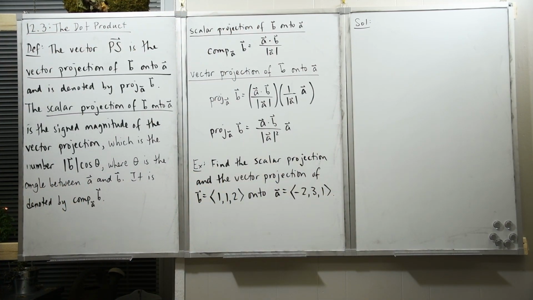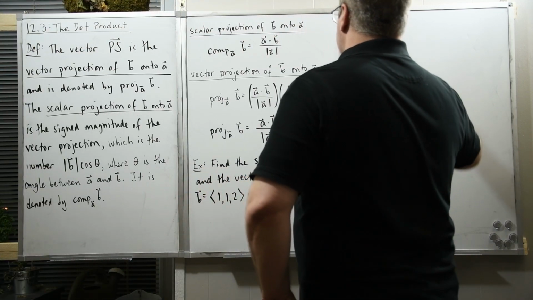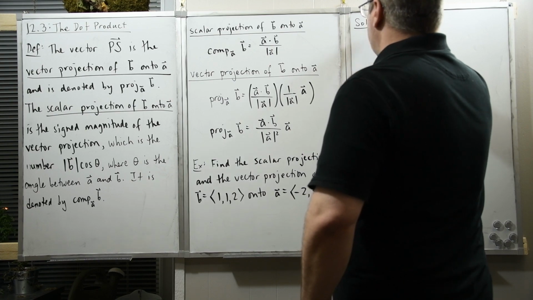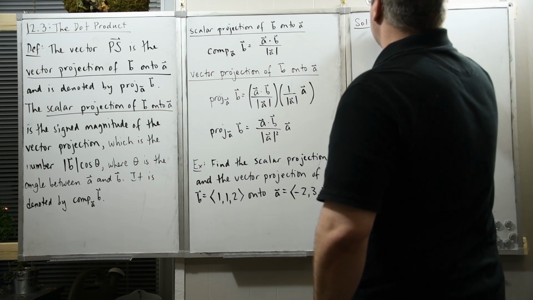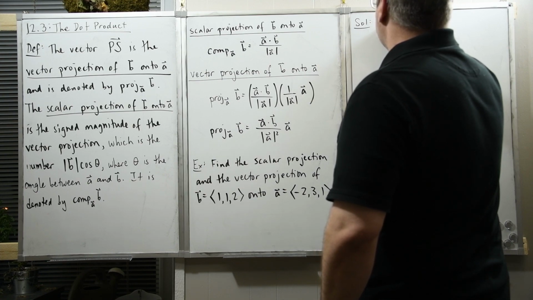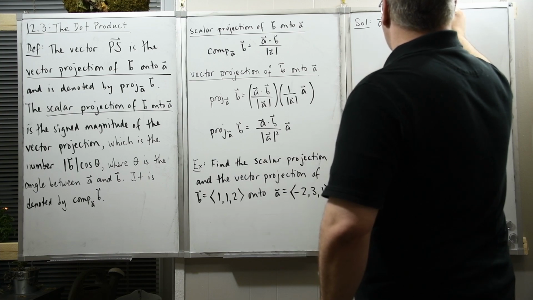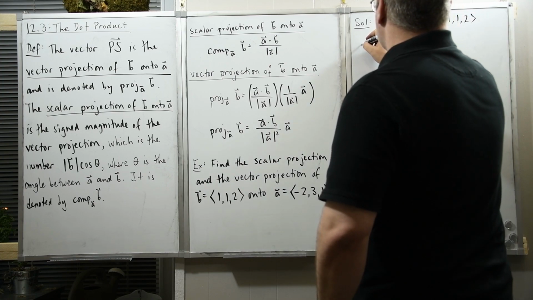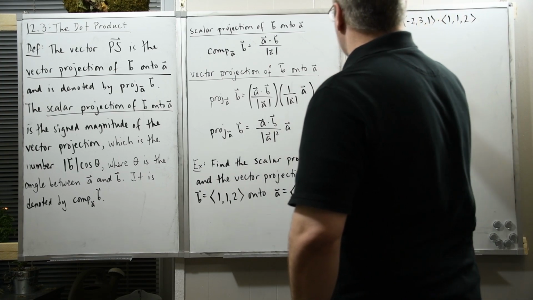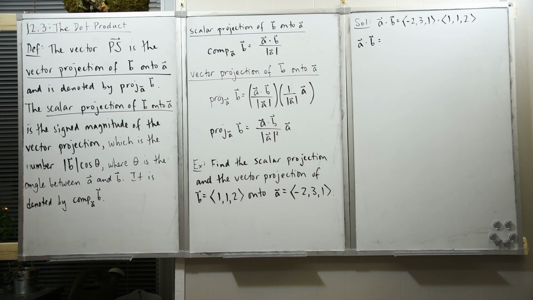All right, so we'll look at the scalar projection of b onto a first. In order to do that, we need to know something about the dot product of a and b. So we have the vector with components negative 2, 3, and 1, dotted with the vector with components 1, 1, and 2.